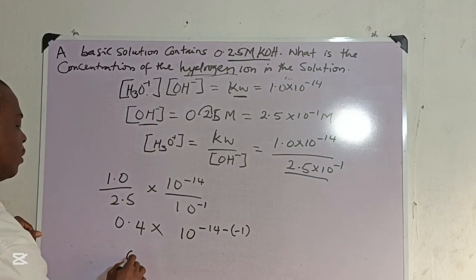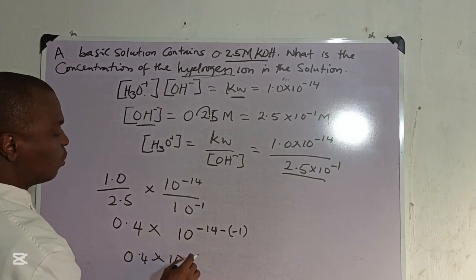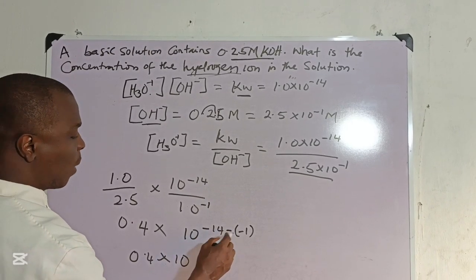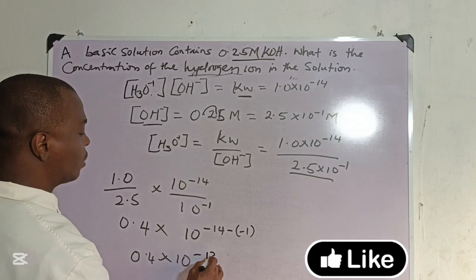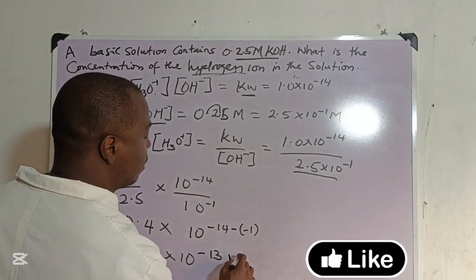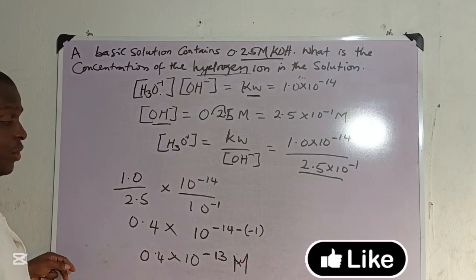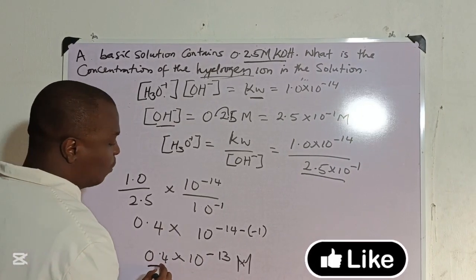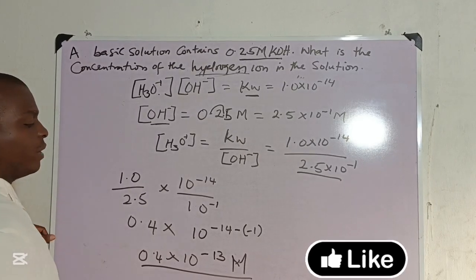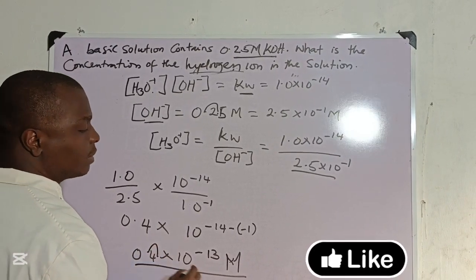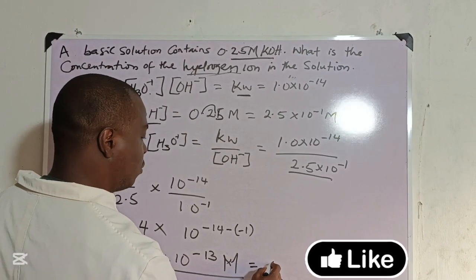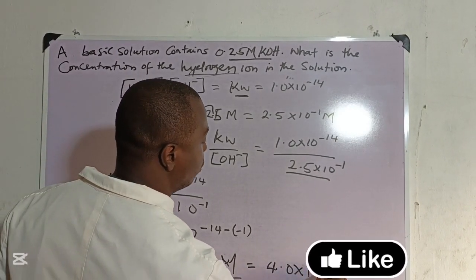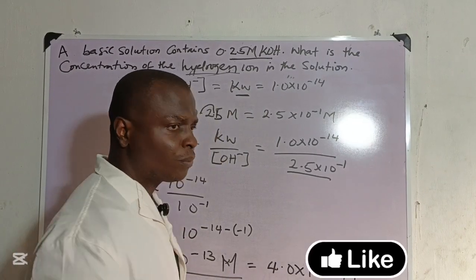Bringing this down, it will be 0.4 times 10 raised to power minus 14 minus 1, which is like minus 14 plus 1, giving us minus 13. This answer will be in moles, which is the unit. This can be left as the answer, so the answer can be 0.4 times 10 raised to power minus 13 moles. Or we can move this decimal to the front, and we'll get 4.0 times 10 raised to power minus 14 moles.